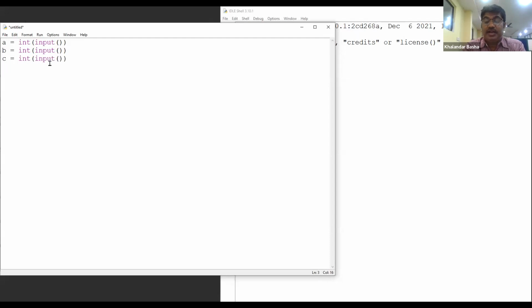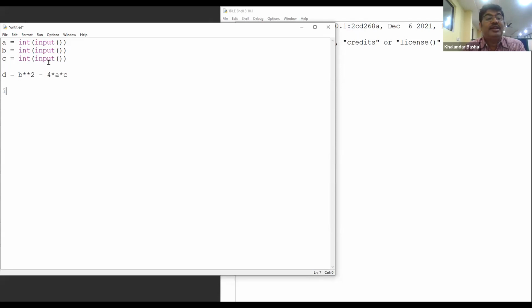After entering the coefficients, we have to find out D. What is the D value? We evaluate b square, that is b star star 2, minus 4ac, 4 star a star c.